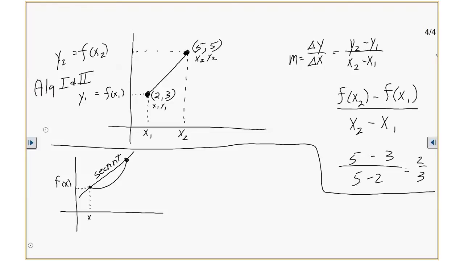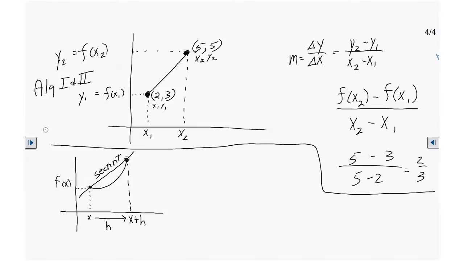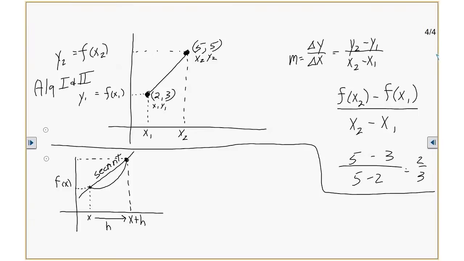And the distance between here and x of 2 is h. That's the distance. Some people use d. I use h. So this x point would not be x. It would be x plus what? H. And this is f of x plus h. Is everybody with me?